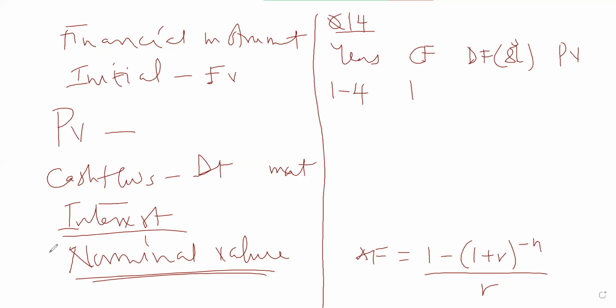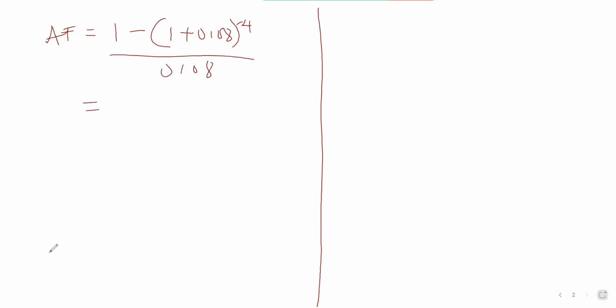So we calculate our annuity factor as 1 minus (1 plus 0.08) exponent negative 4, divided by 0.08. You can approximate your answer to 3 decimal places. So 1.08 exponent negative 4, all divided by 0.08.